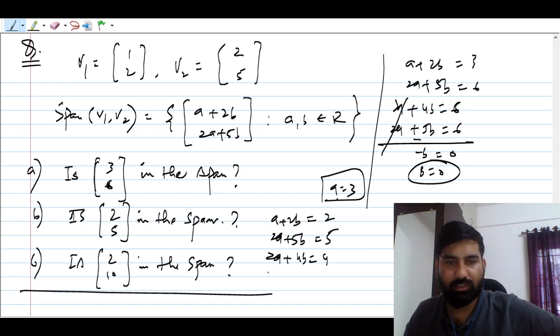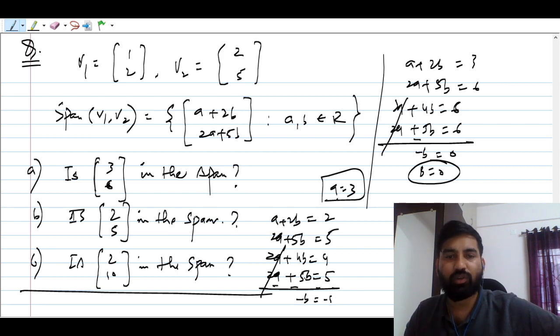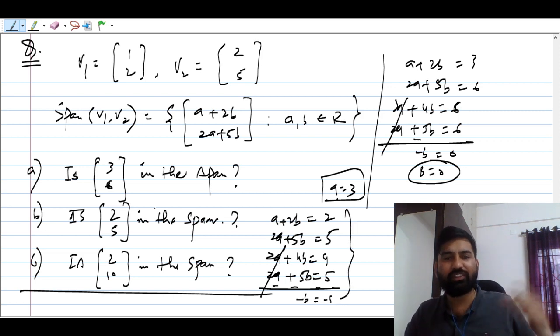And this is nothing but 2a plus 5b equal to 5. Minus, minus, minus, right? So minus b equal to minus 1. So again you might get, so here also, you can check like this, okay?